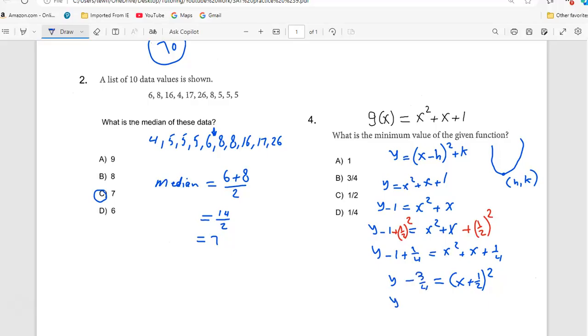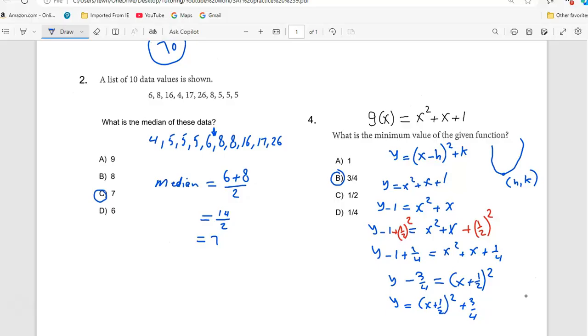So now I have y equal, let's move the -3/4 to the other side. So I have x plus 1/2 all squared plus 3/4. So that is k. 3/4 is k, and that's what I'm looking for. So my answer is 3/4. That is the minimum.